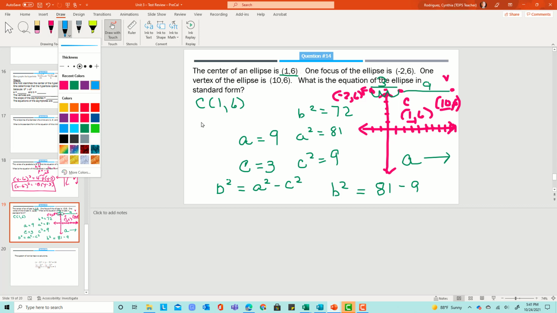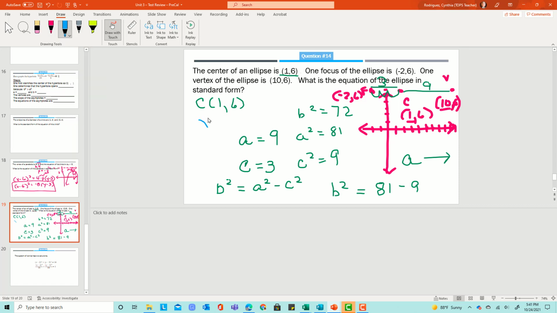Right, the equation is x minus h, and h is 1, squared over a squared. A squared is 81, plus y minus k.